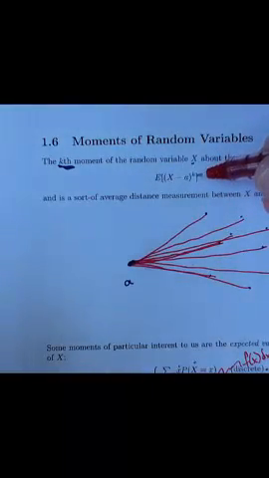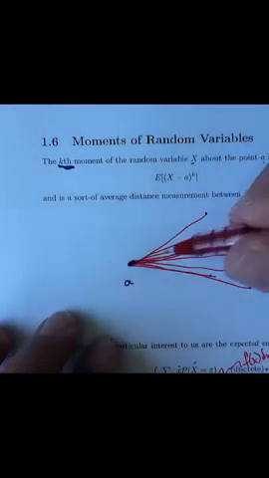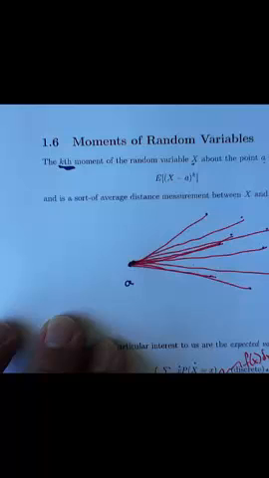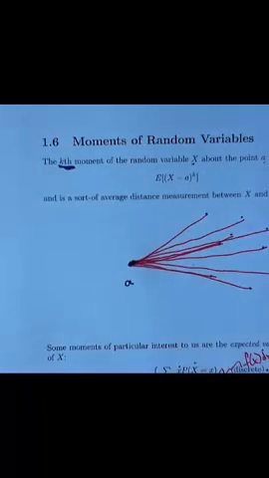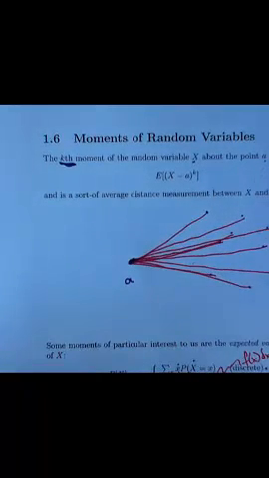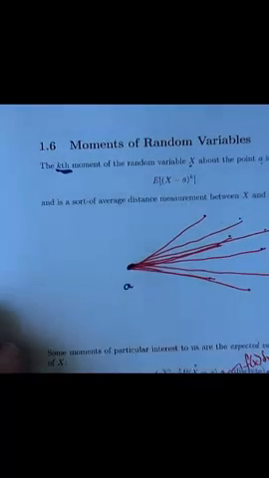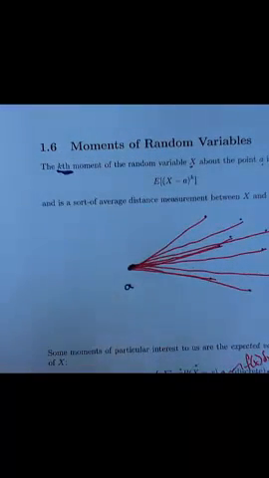It might be the first power or the second power or whatever, and then averages those squared or cubed deviations. So it's some sort of average distance measurement between this random variable x and this point A.